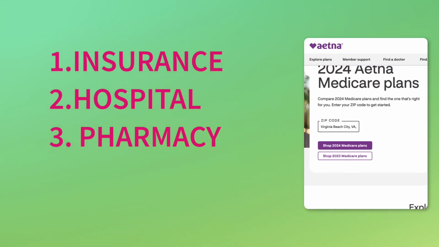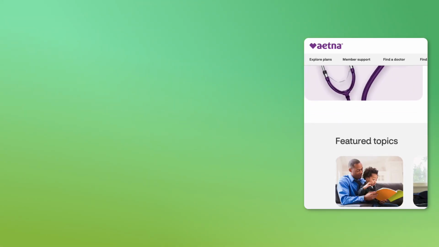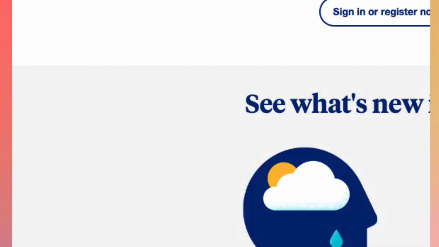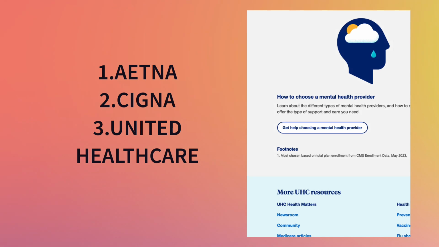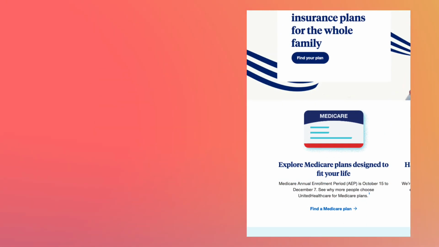For example, in the US, when we say insurances, the 3 major insurances are Aetna, Cigna, and United Healthcare. These are the top 3 private insurances available in the US.